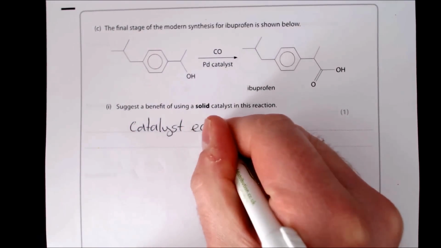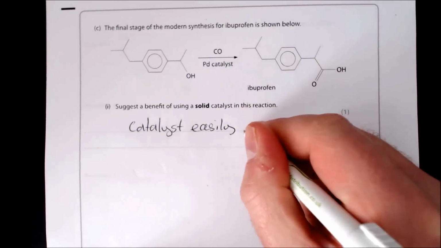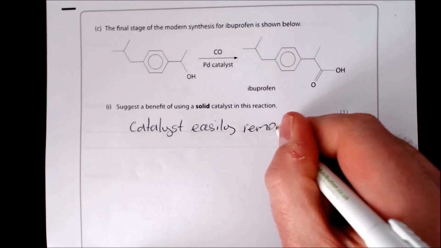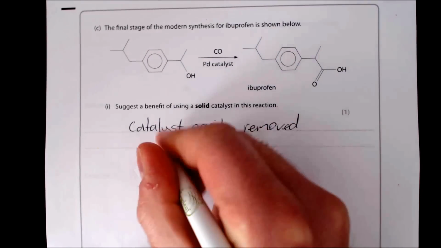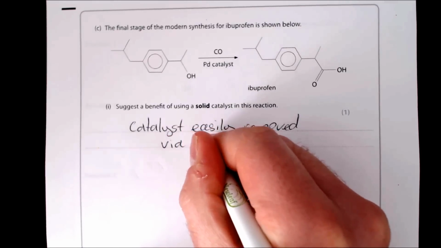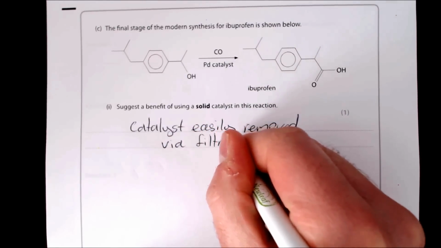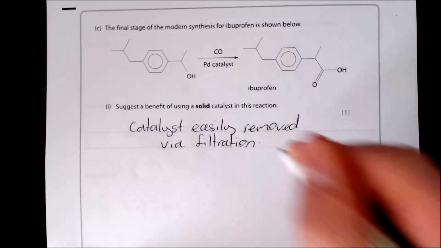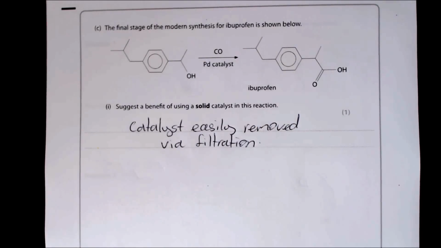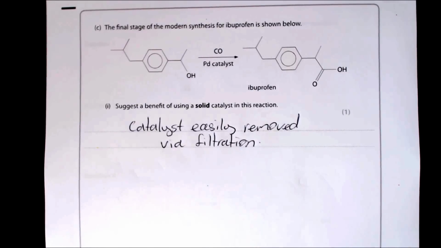So catalyst easily removed via filtration. There we go. And there's your mark. And that's the case with all solid catalysts as well. They're pretty easy to remove. Okay, right, on to the next part.